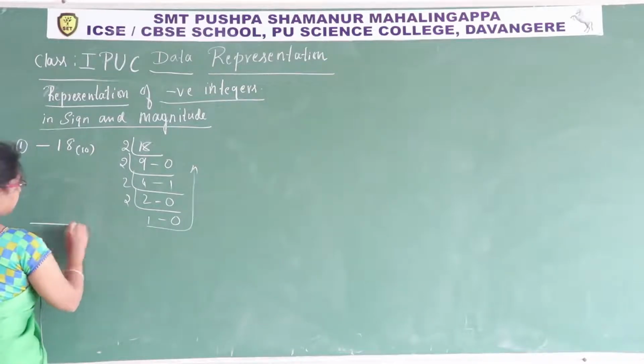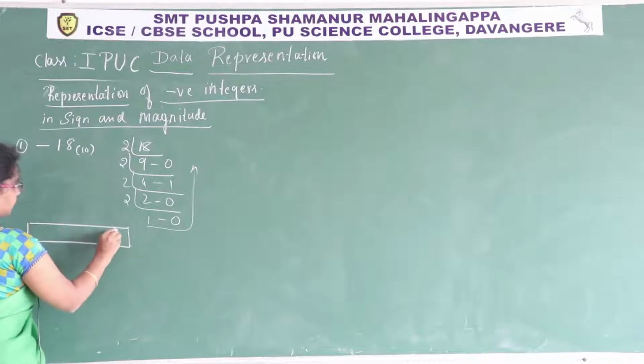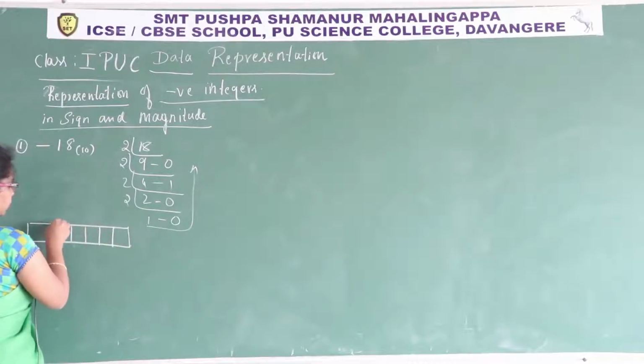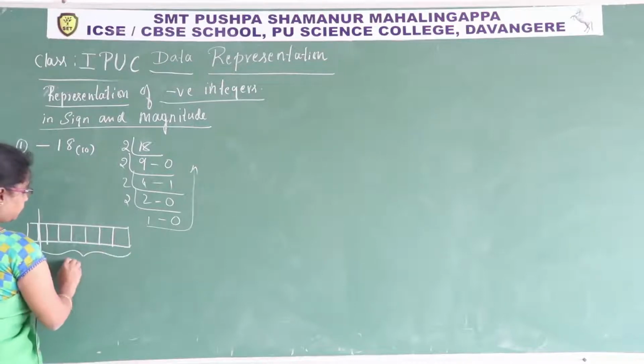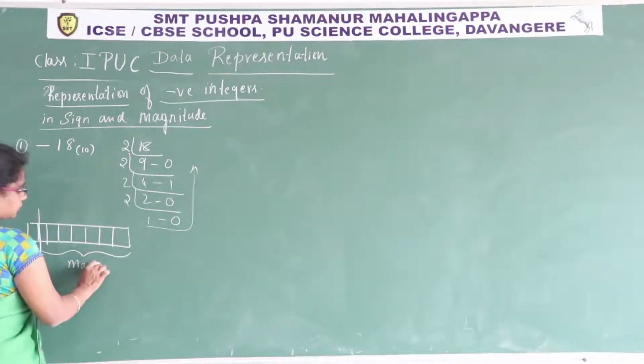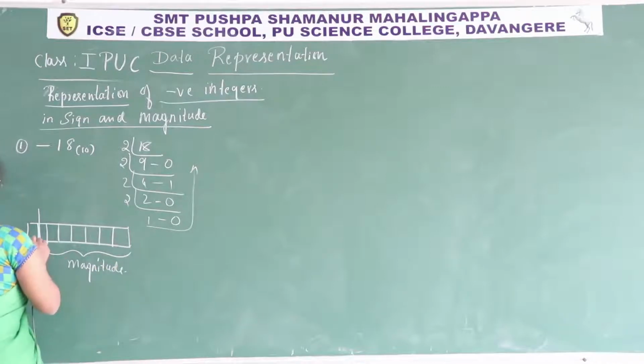How to represent in 8-bit? 1, 2, 3, 4, 5, 6, 7, 8. So this is magnitude and this is sign.